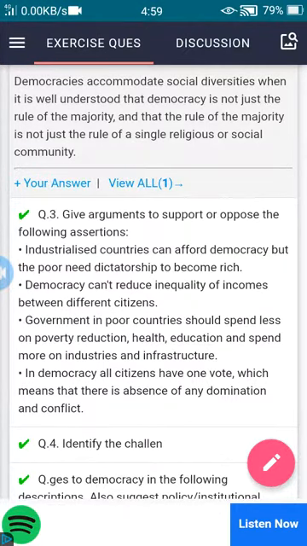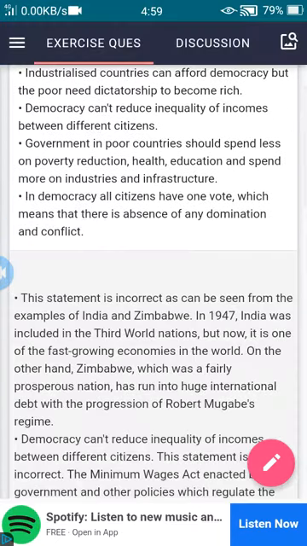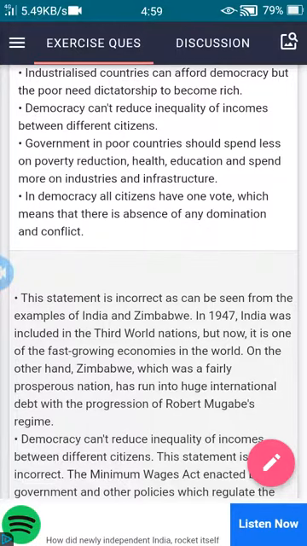Third question is, here give arguments to support or oppose the following assertions.